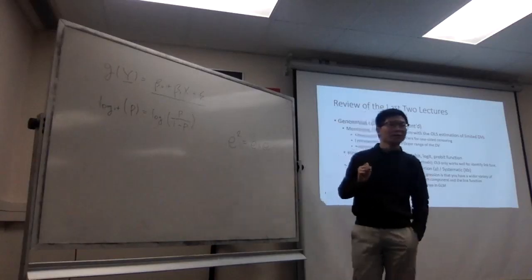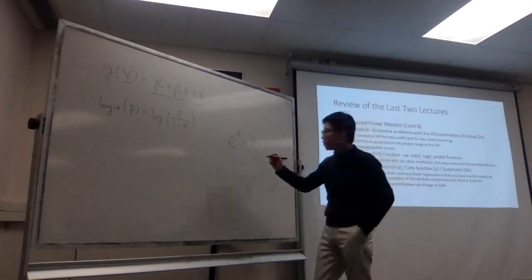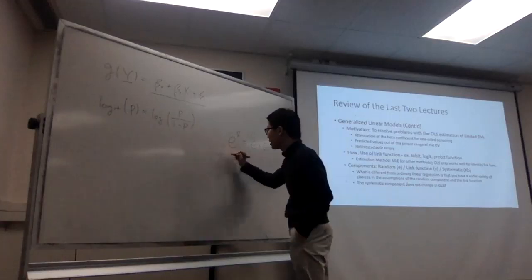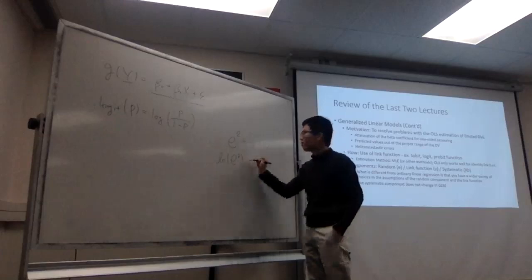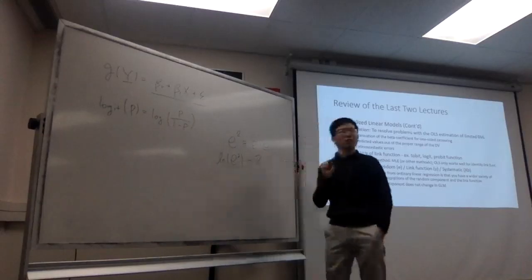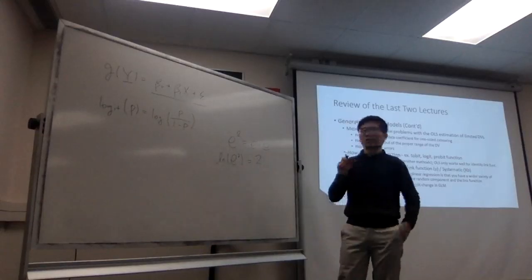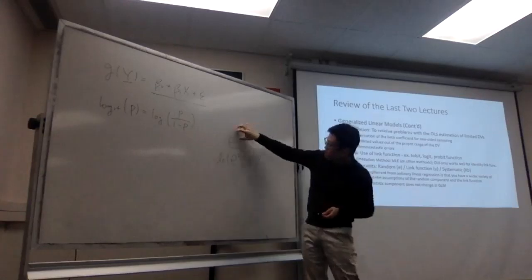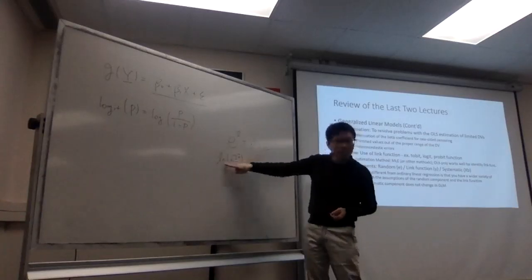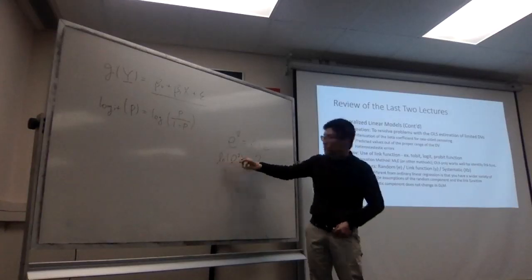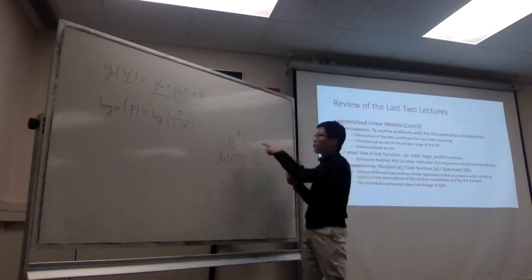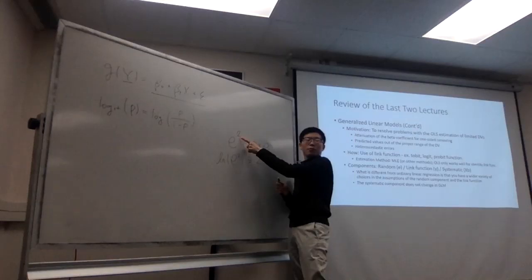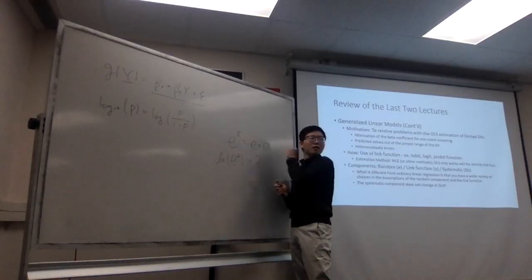Does that make sense? If you put the log into this number, then you are getting 2. So the natural log is basically what lets you get this power part.